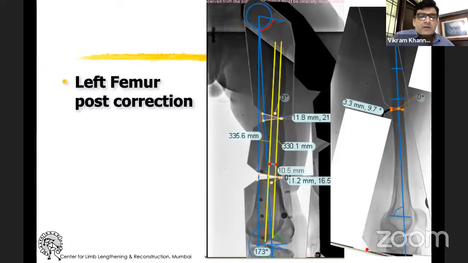So with the help of this TraumaCAD software, the templating was done and the osteotomy was carried out on the X-ray, and we tried to put the nail in. These yellow lines show the intramedullary nail fixation, and it seems to be going pretty well to the proximal end of the bone as well.